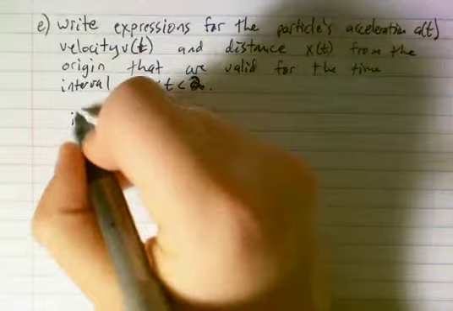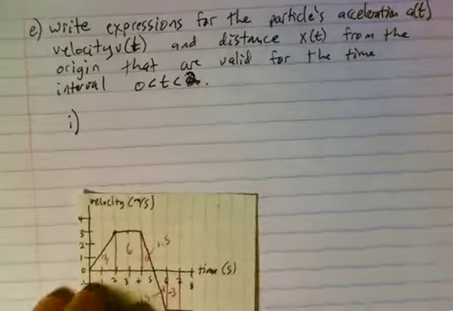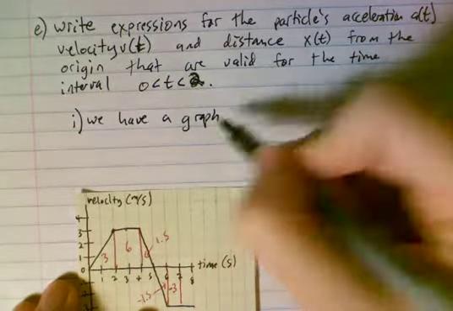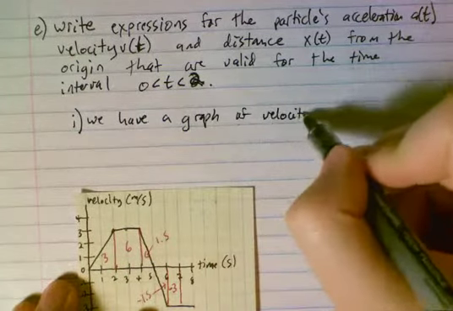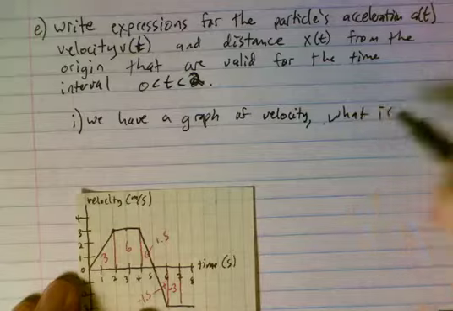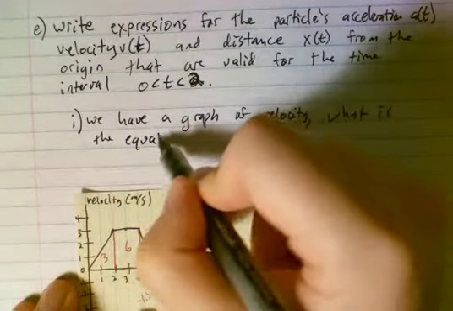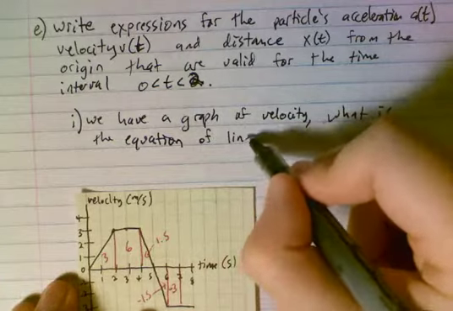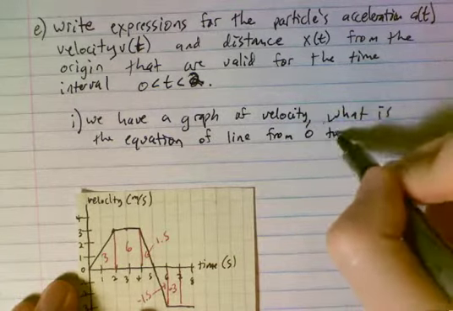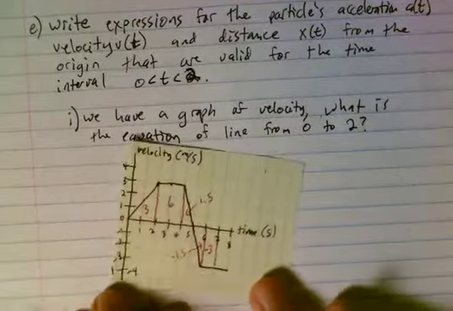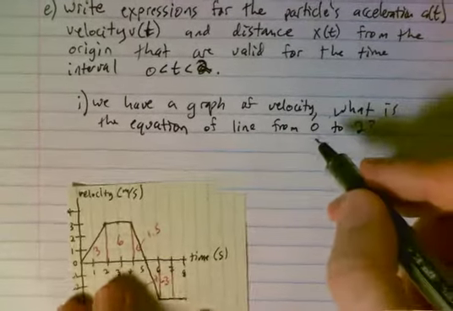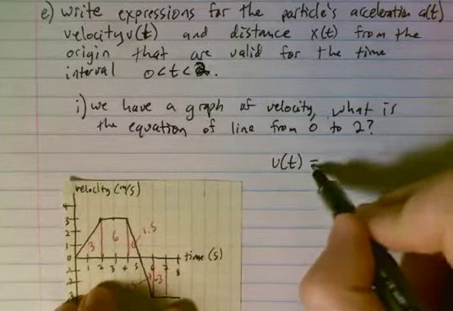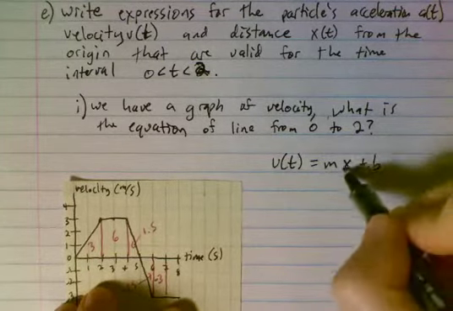Let's see what we've got. So first things first, we have a graph of velocity. What is the equation of the line from 0 to 2? Let's go ahead and write this in y equals mx plus b form, or v of t equals mx plus b.